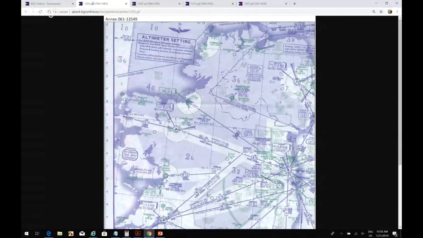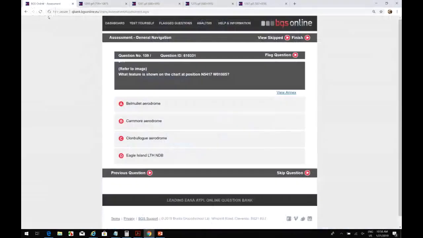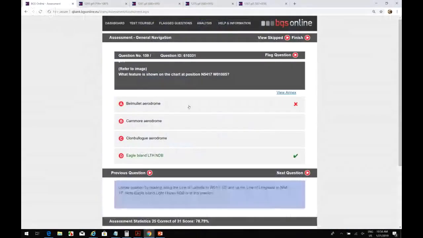An NDB. Okay, they want that. It's Belmullet, Eagle Island. Okay. Oh, wrong. Eagle Island. Oh gosh. LTH NDB. Yeah, it's the NDB. I should have read it more specifically.